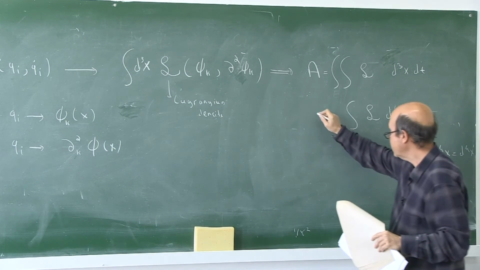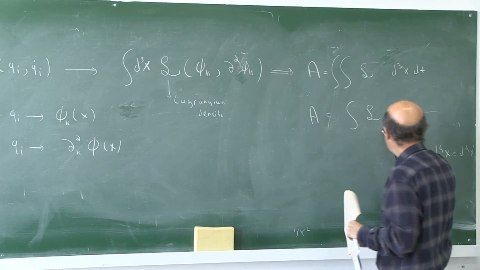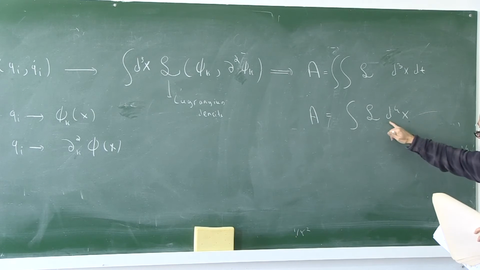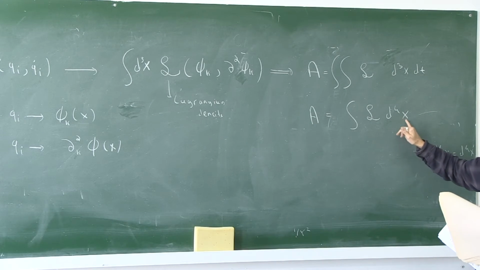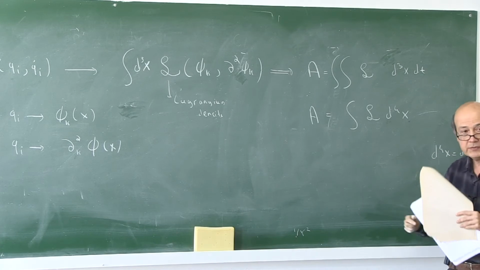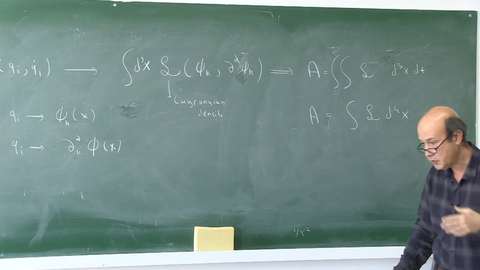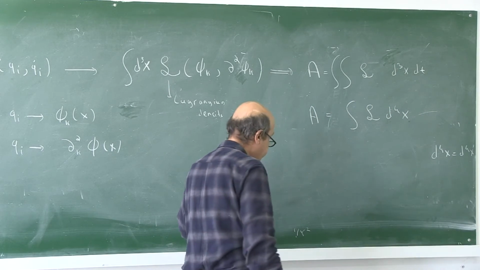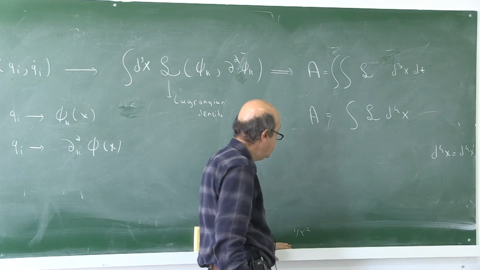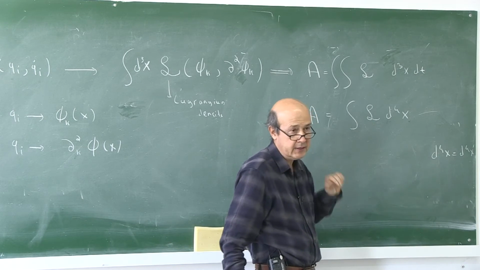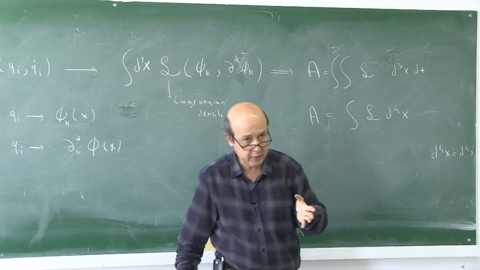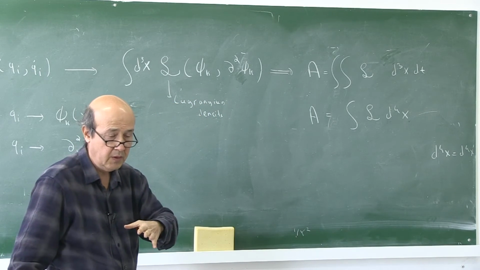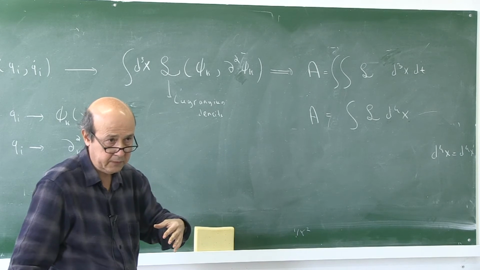So this is the action. The volume element of the action is four-dimensional, space and time. This is invariant in any Lorentz frame. And in order to get the equation of motion covariant in all inertial frames, this Lagrangian density should be an invariant quantity. It shouldn't change from one inertial frame to the other.